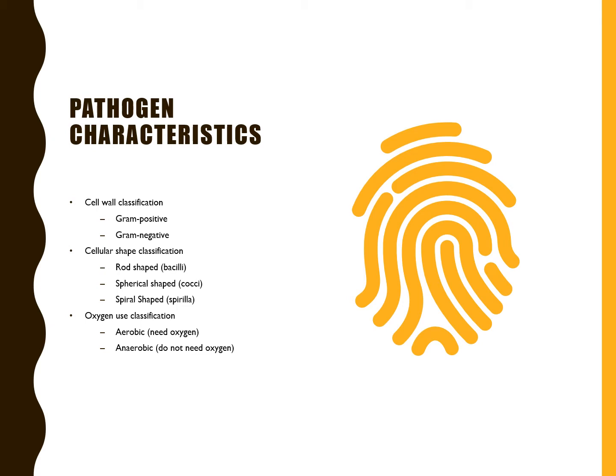Is it rod-shaped bacilli? Is it the spherical cocci? Is it the spiral-shaped spirilla? And then the method of action could pertain to its need for oxygen. Is it aerobic? Does it need oxygen to go through its DNA and RNA cycle as it regenerates and grows? Does it not need oxygen to do that?